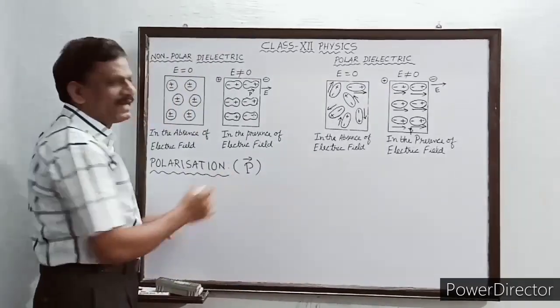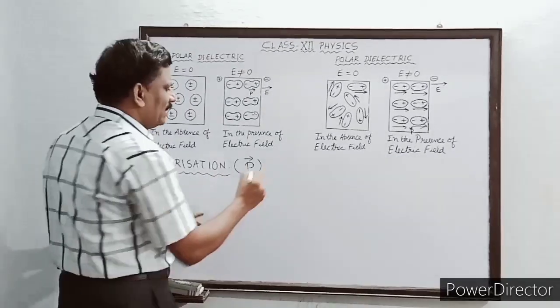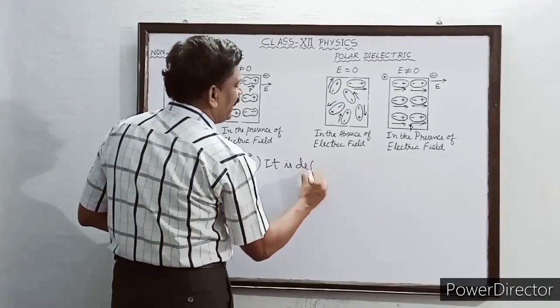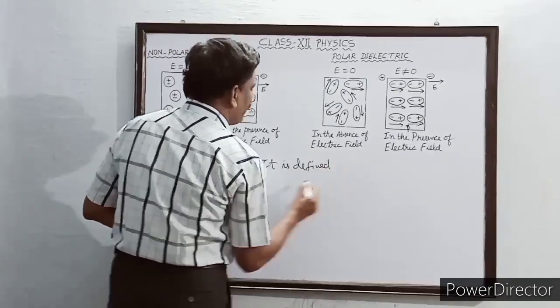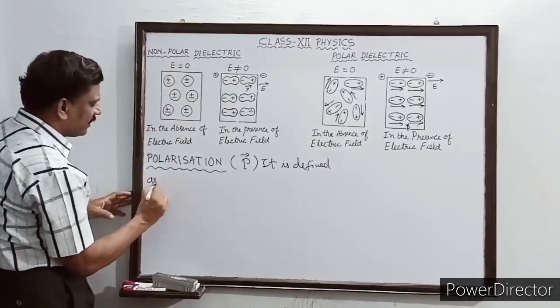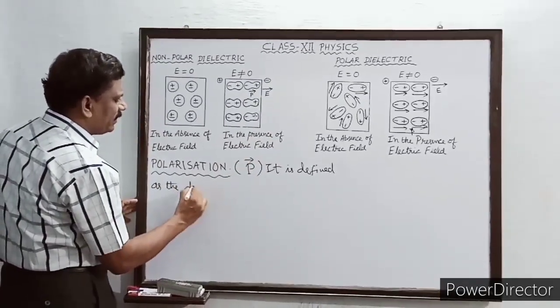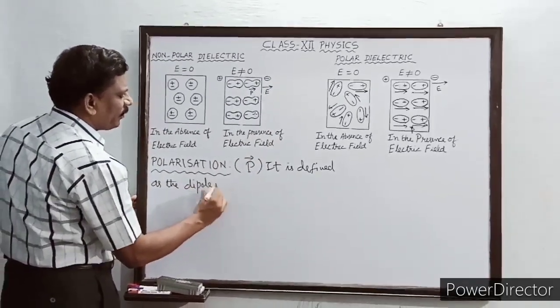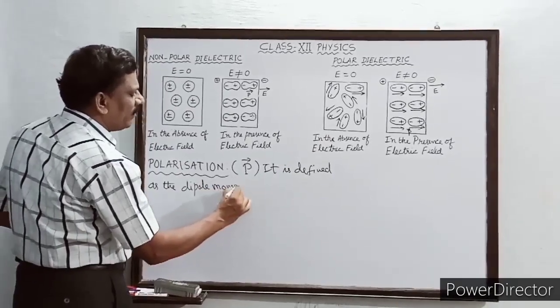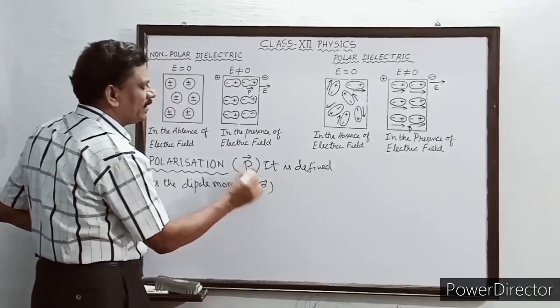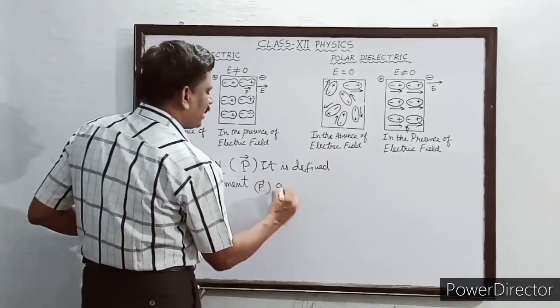So what do you mean by polarization capital P vector? It is defined as the electric dipole moment, small p, acquired by the dielectric per unit volume. This is capital P and this is small p.